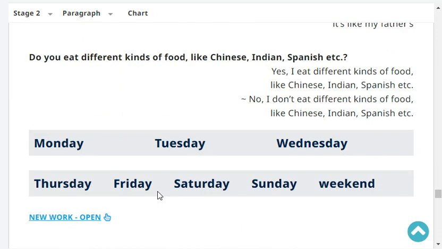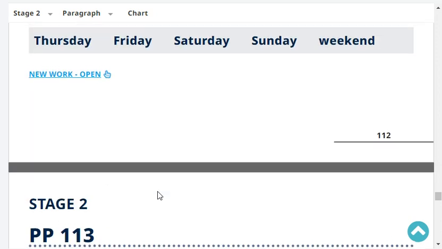Do you eat different kinds of food like Chinese, Indian, Spanish, etc.? Yes or no?